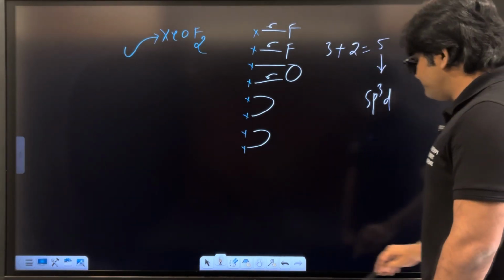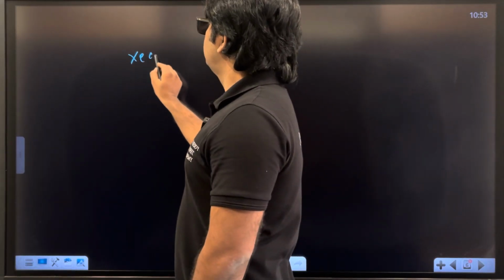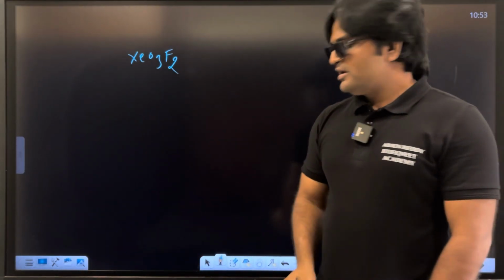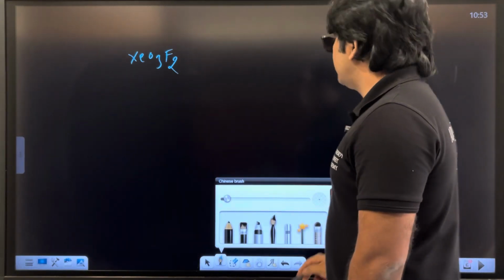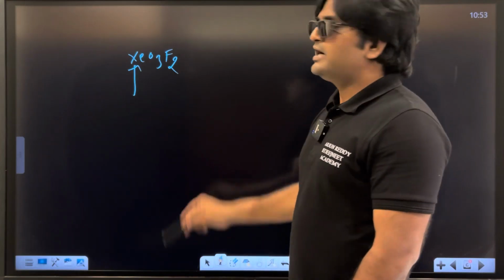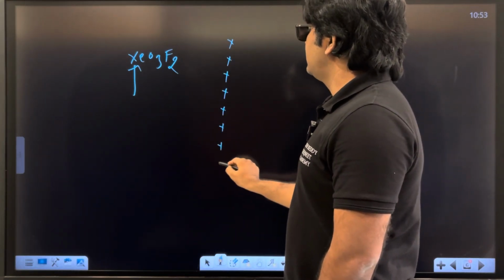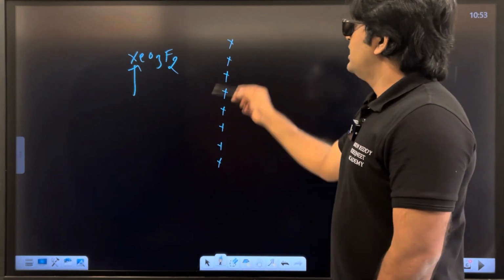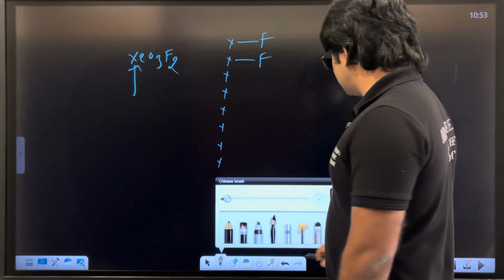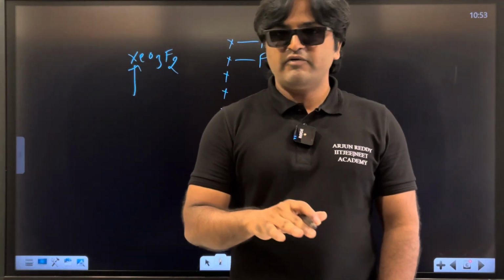For example, one more molecule, XeO3F2, the same combination of monovalent and bivalent species. What is the hybridization? Xenon is our central atom, with 8 electrons. Here there are two fluorine atoms. How many oxygen atoms are given? 3 oxygen atoms. What is the nature of the oxygen atom?